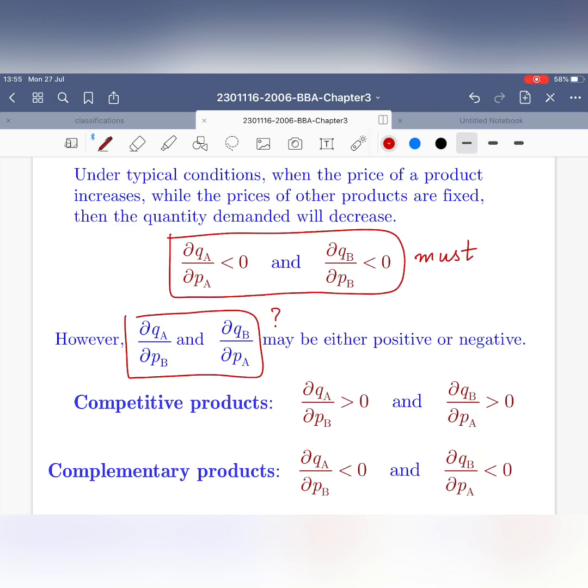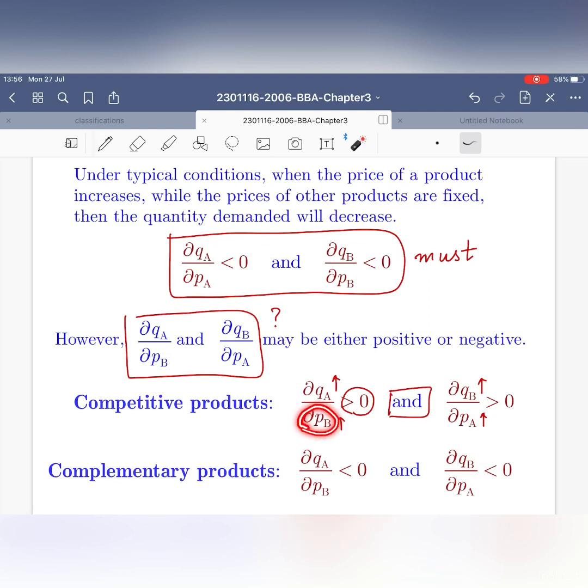So what if it's saying that this must be positive? If the price B is going up, the quantity for the product A is going up. So what does this mean? And on the same token, the price A is going up, the demand for B is going up as well, because they are positive, right? So what does this mean? This means that your B is more expensive.